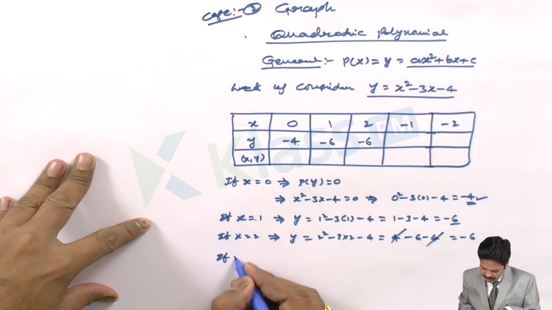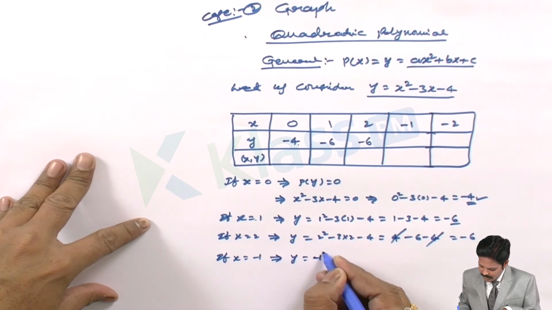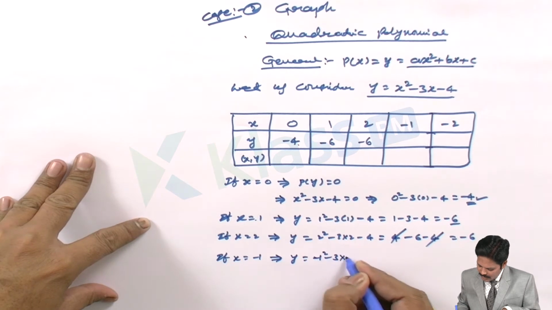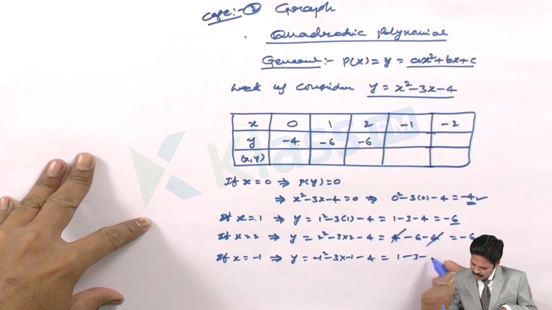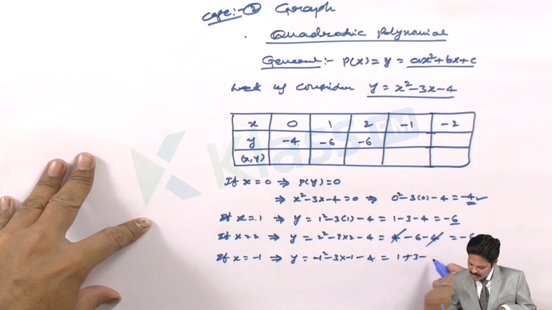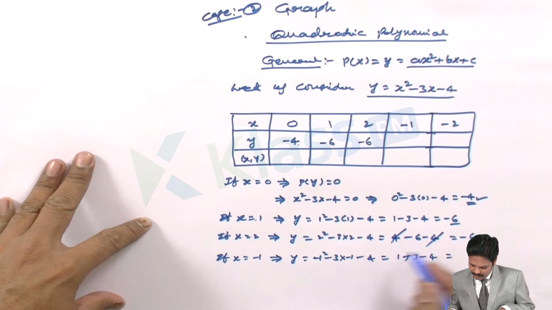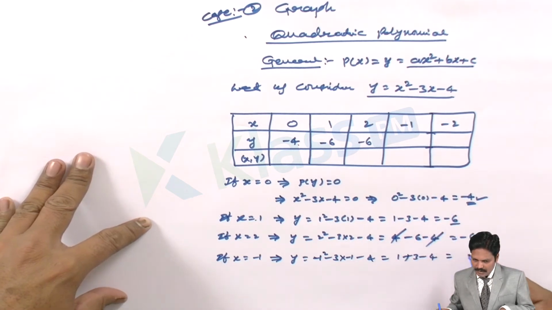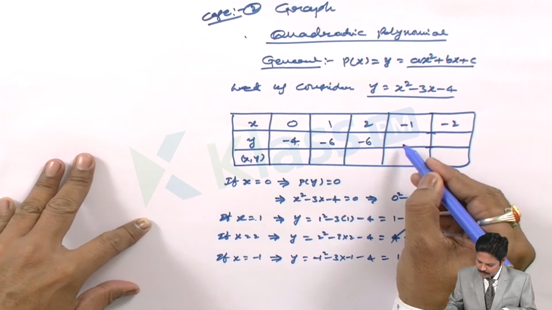And if we are taking x is equal to minus 1, then y is equal to minus 1 square minus 3 into minus 1 minus 4. 1 minus 3, and here minus into minus is plus, and 4. Then when we are substituting minus 1, the value is 0.